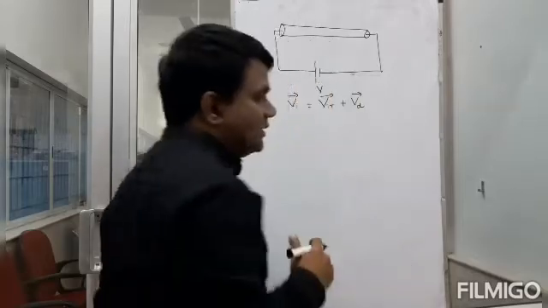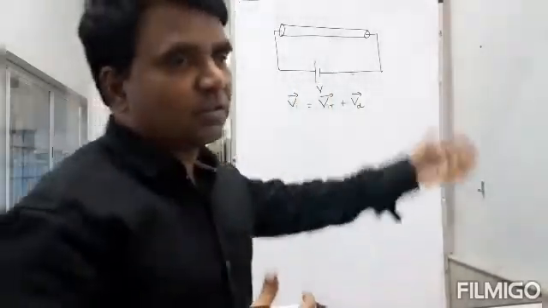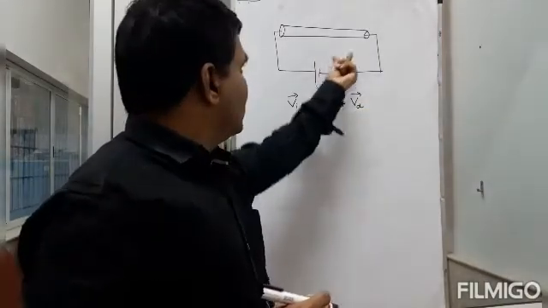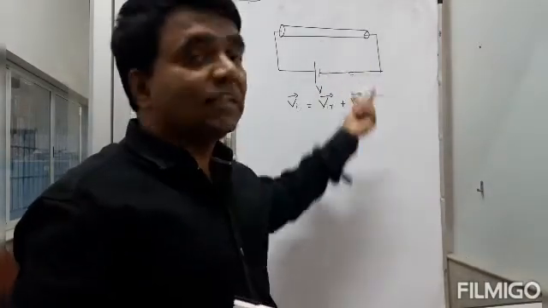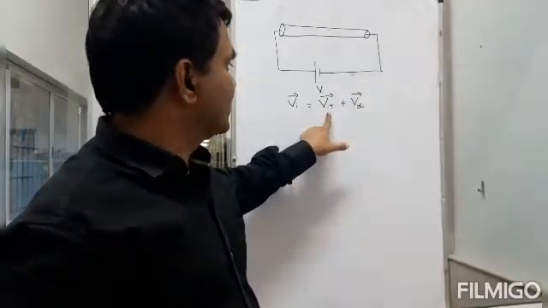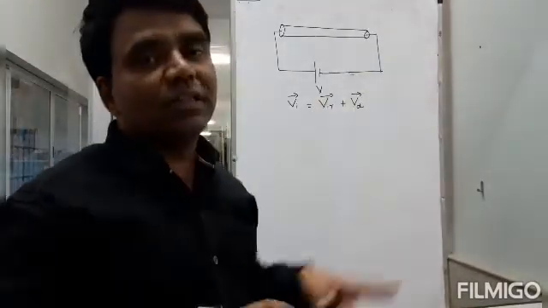I call that the drift velocity. We'll talk about it later. This is the velocity due to the electric field that you set up. This is a vector quantity and this is a vector quantity, and these two will add vectorially.